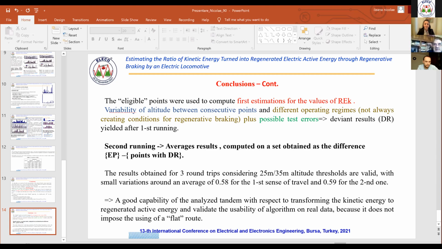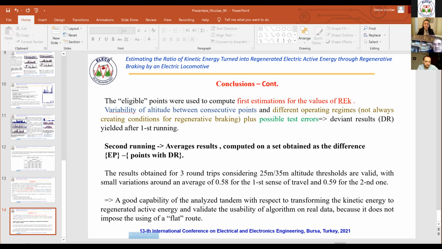One of the objectives of this contract was how to register the energy and how to recover it, and finally how to put this in legislation, because the regenerative processes are not registered by the company which supplies the lines.